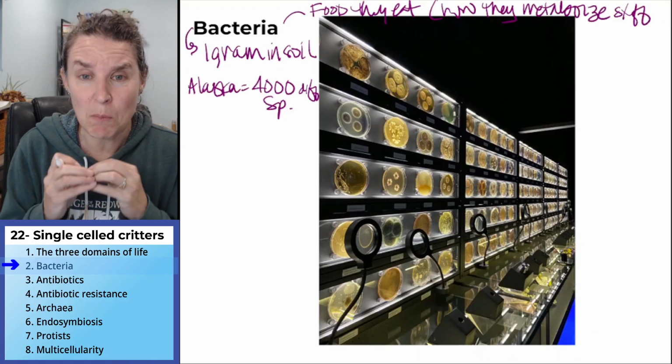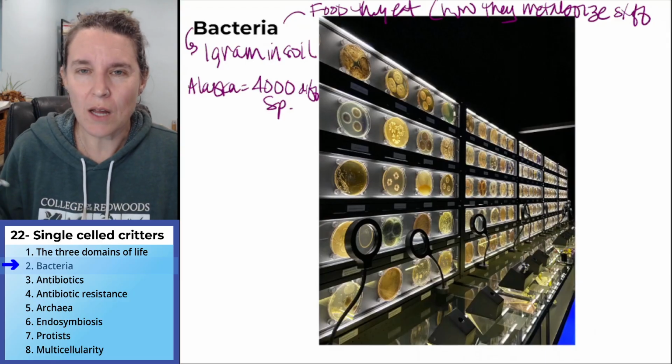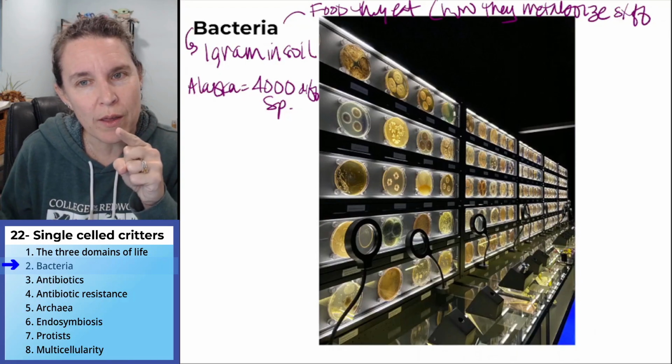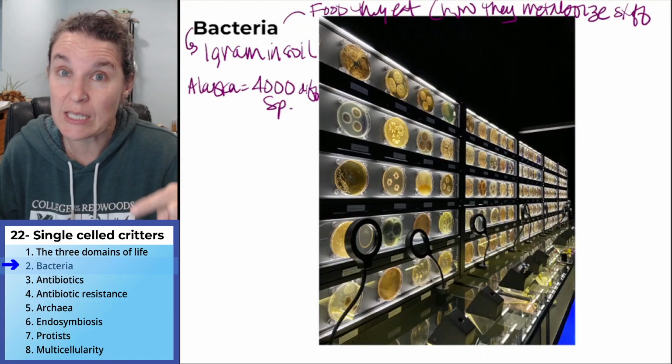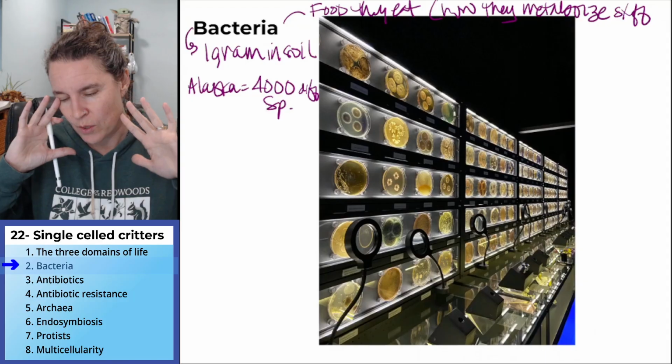This is a very small amount of soil. And in Alaska, there's not a huge amount of stuff growing, and there's 4,000 different species of bacteria in that 1 gram of soil.